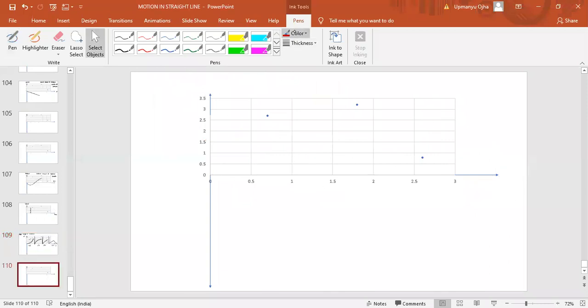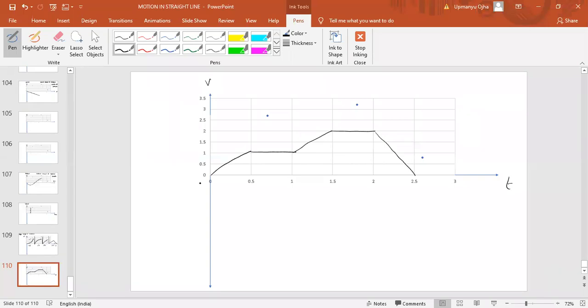Now if I give you one problem here, this is velocity versus time graph. Okay, so this is the path which a particle is following. Okay, fine.